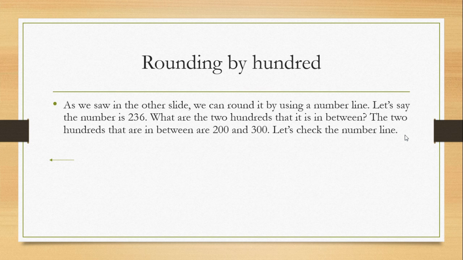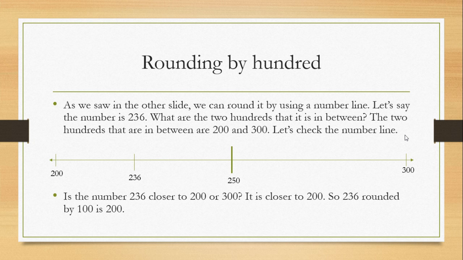Let's check the number line. Is the number 236 closer to 200 or 300? It is closer to 200. So 236 rounded by 100 is 200.